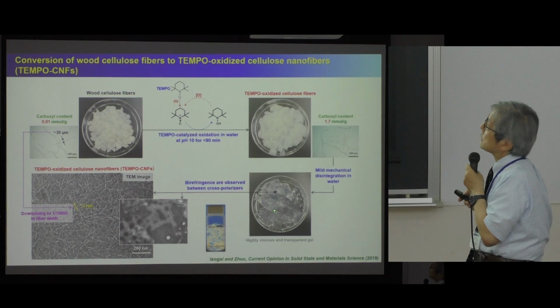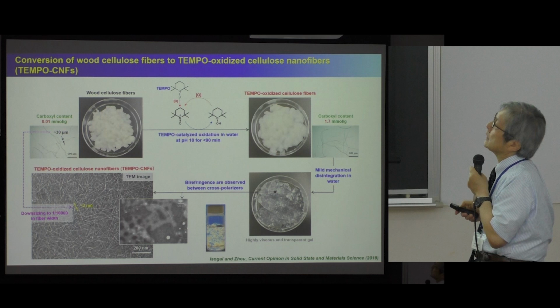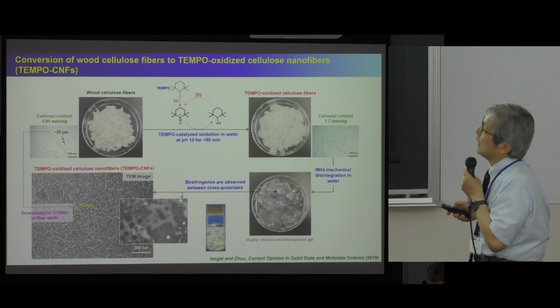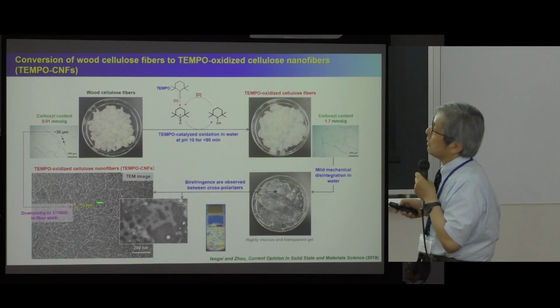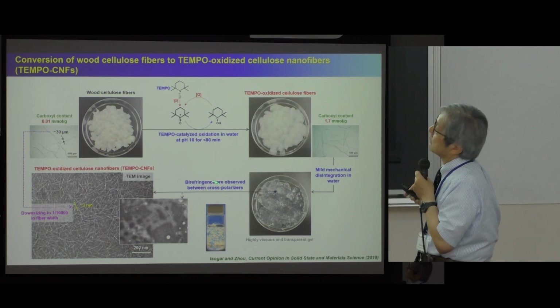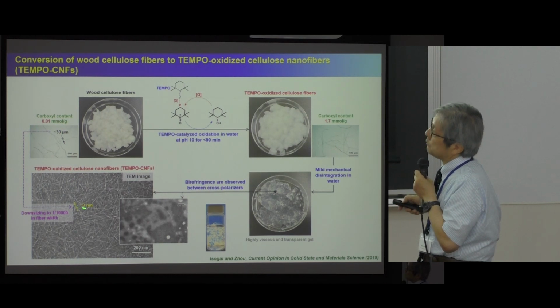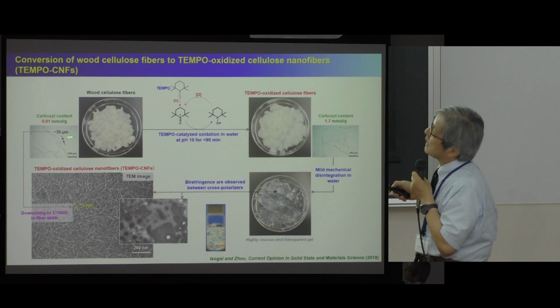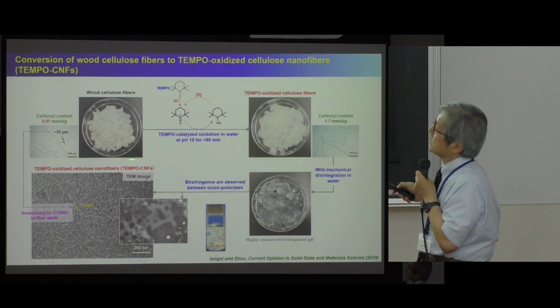To begin with, we thought the oxidized cellulose was dissolving in water. No, that was not the case. TEM microscopic observation showed that this gel consists of cellulose microfibers as the smallest element. The width is 3 nanometers, so from 30 micrometers to 3 nanometers is 1 to 10,000 smaller than the original fibers.